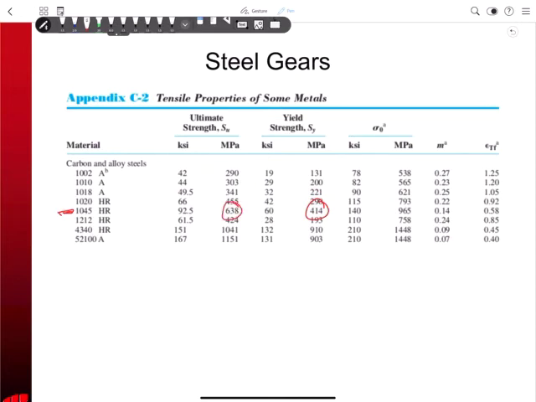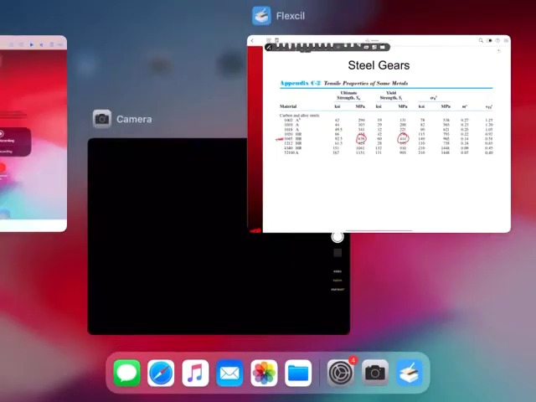Yielding is 414, so 20 is not even close. Ultimate, if I consider this a reverse stress or fatigue loading, half of that is on the order of 320-ish. Holy cow. So 20 megapascals versus 320, it seems like I've got a ridiculous safety factor here.